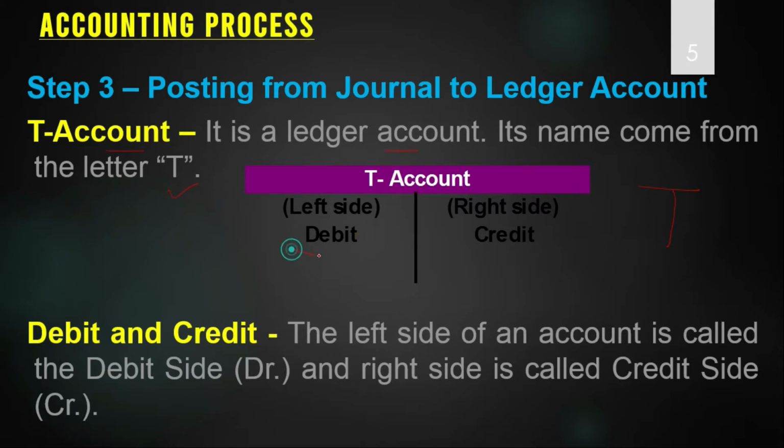The left side is called debit and the right side of any account is called credit, which means the debit amount of that account will be posted to the left, and any credit amount will be posted to the right. Debit and credit are the two sides of an account. As I told you, the left side is debit and the right side is credit.